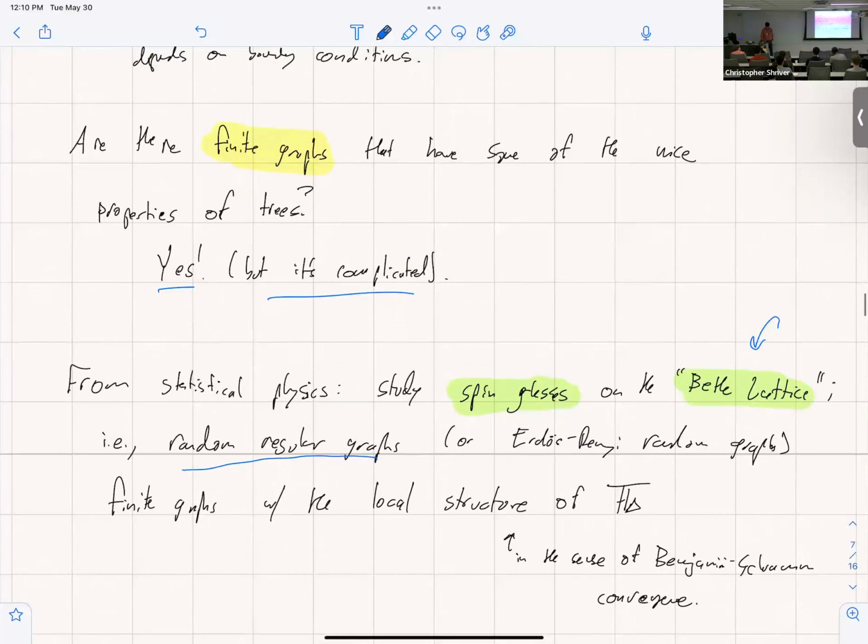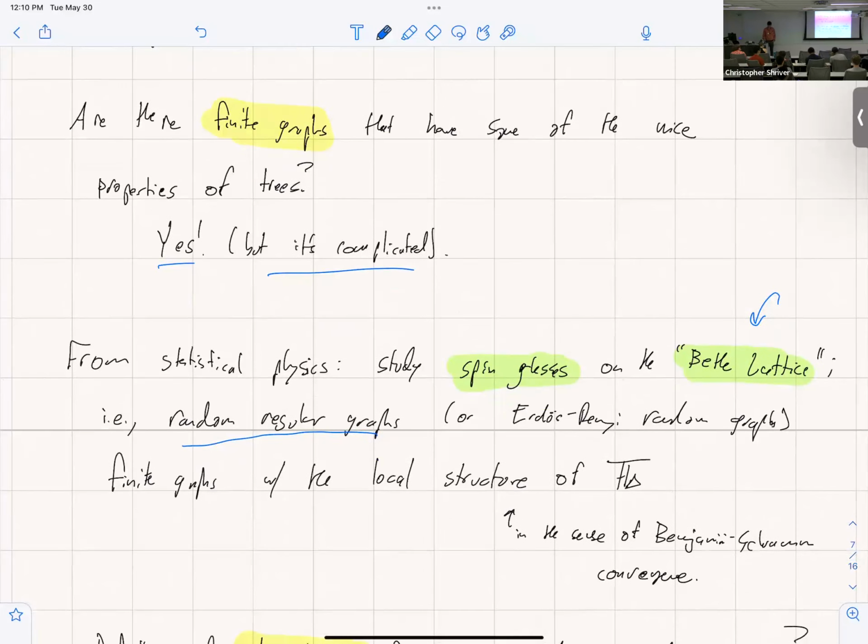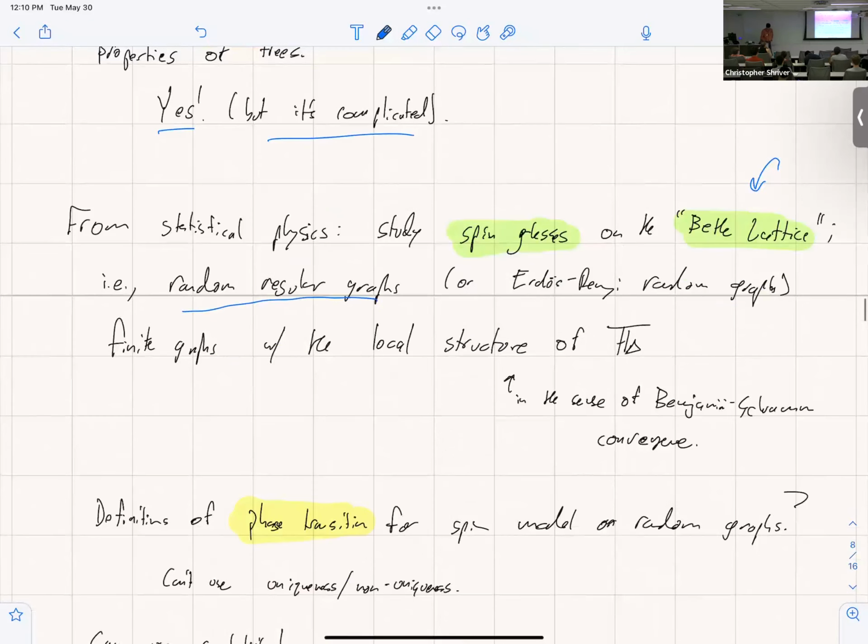One of the properties of such a random graph is that it converges locally to the tree. So if you pick a vertex and look at its depth t neighborhood, with high probability this will look like the depth t neighborhood of the infinite delta-regular tree. This is Benjamini-Schramm convergence. In that sense, it converges to the tree.